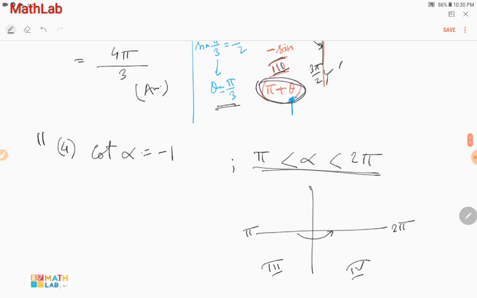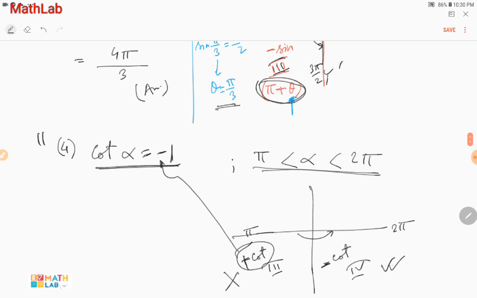Now we compare with the given equation. Here cot is negative. We already know that in the third quadrant cot is positive, and in the fourth quadrant cot is negative. So we cancel quadrant 3 and only calculate for quadrant 4.